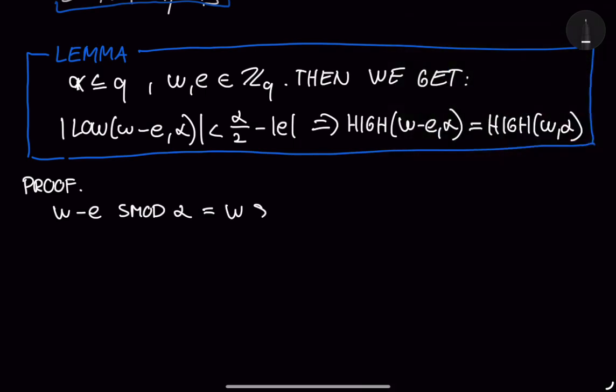So what we get is W S mod alpha minus E, and we have this factor that for some integer z, z alpha is subtracted.